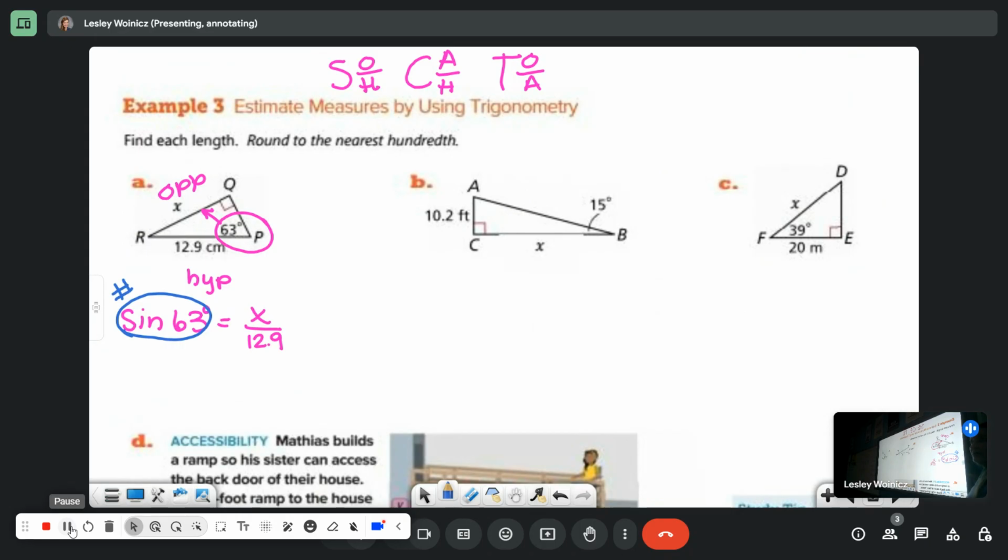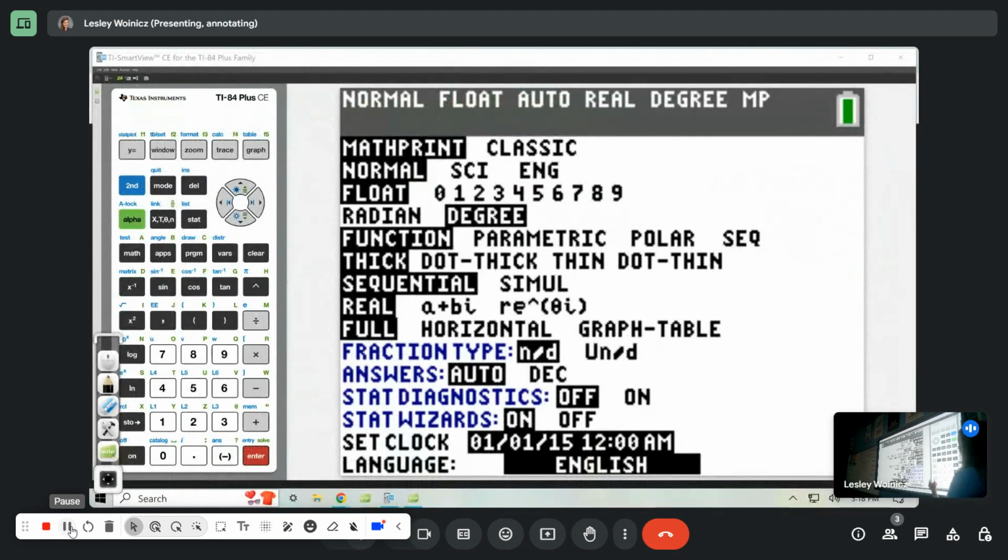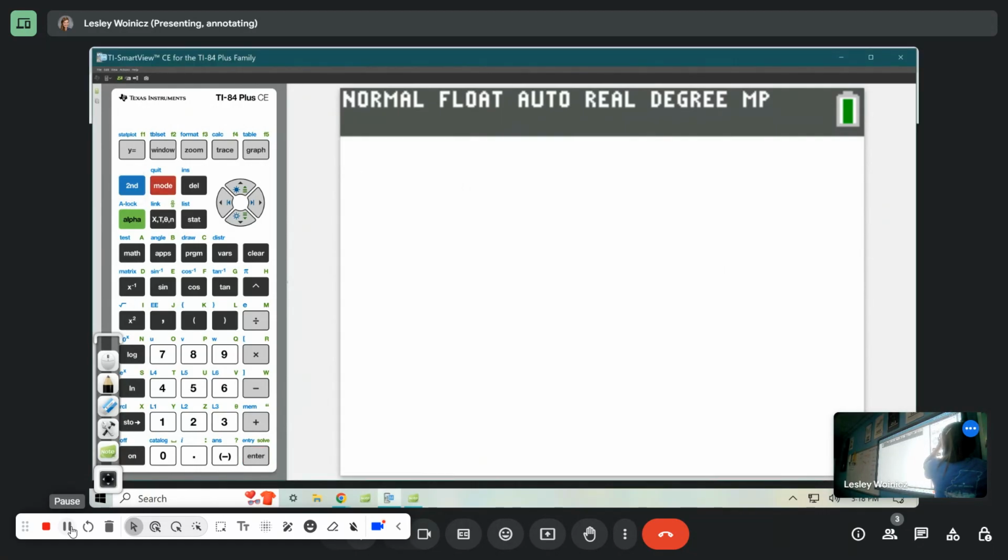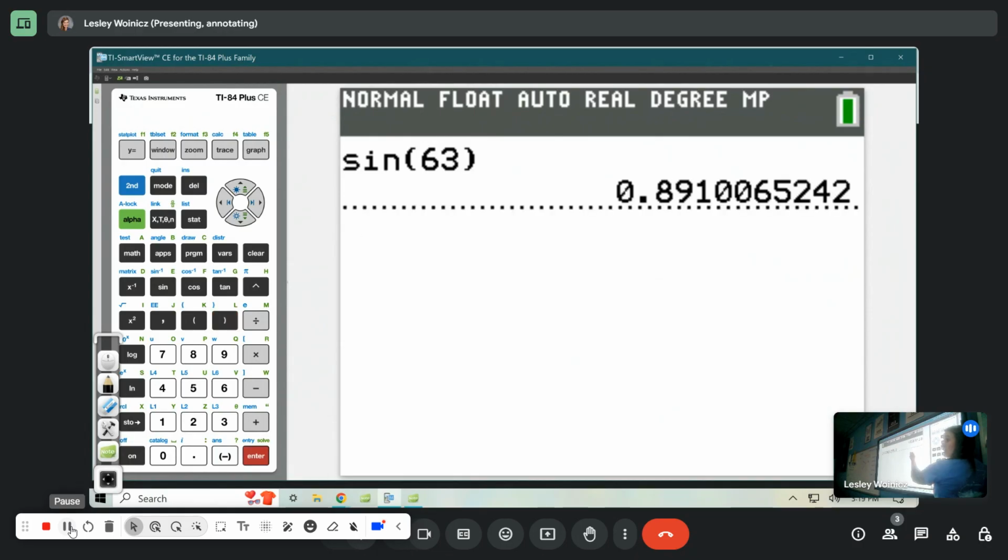Okay, it's a number. If you put in sine of 63 degrees on your calculator right now, your calculator knows what that is. Let's try it. So if I do sine of 63, this is the ratio that the opposite and hypotenuse sides make together every single time, no matter what. This is what they reduce to.